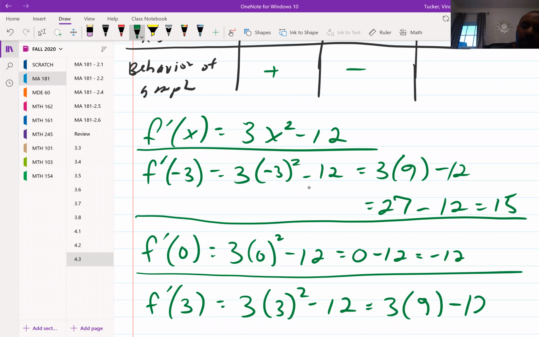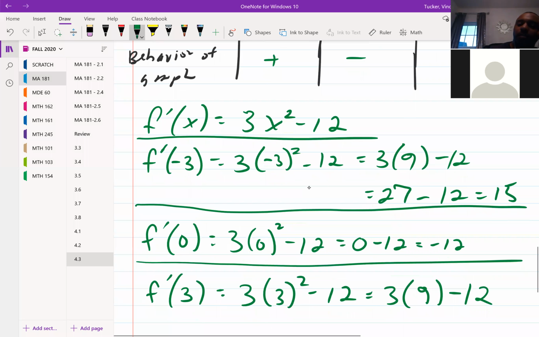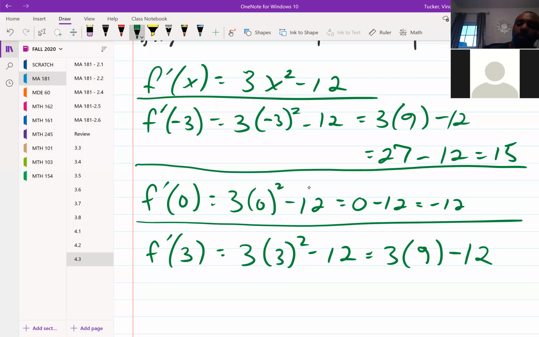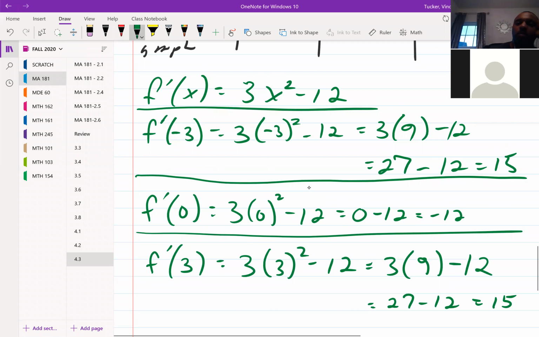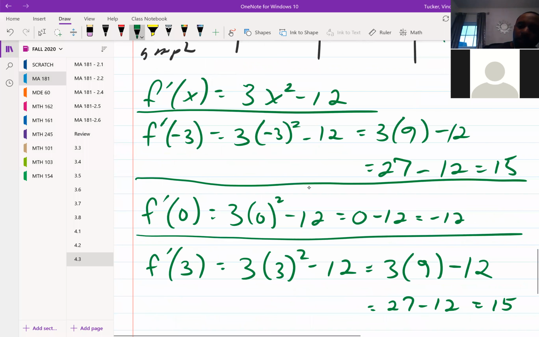You could have had a local extreme versus an absolute extreme, or what else? What's another scenario? There are different kinds of graphs out there that could result in that, but we'll talk about it when we come across it. And so we got a positive, negative, positive. So make sure you finish copying before I keep going.